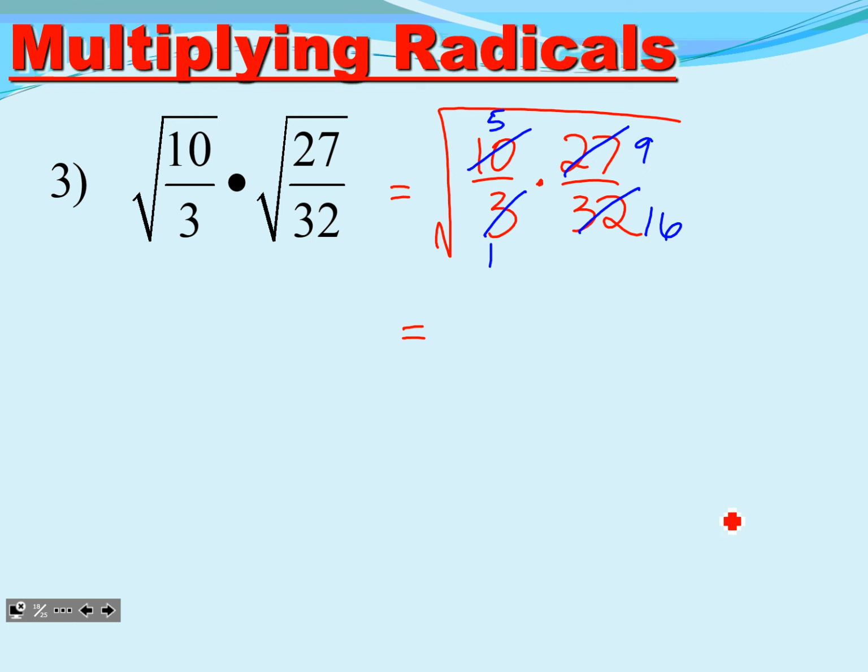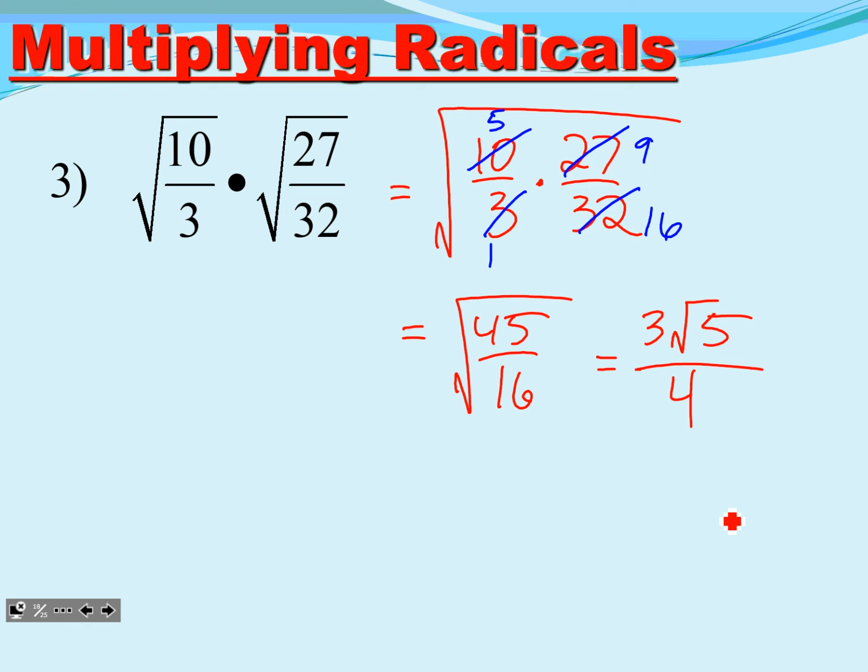So this eventually becomes root 45 over 16. Now I can take the square root of the numerator and denominator. So the numerator simplifies to 3 root 5, and the denominator simplifies to 4.